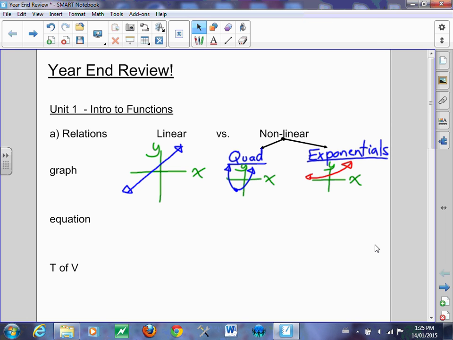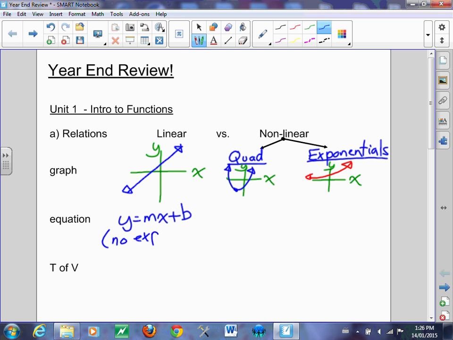All right, taking a look at the equation. The equation for a linear relation, you should remember, y equals mx plus b. And hopefully you remember that if you're trying to identify from an equation, it has no exponents in it, or no visible exponents. Okay, so I'm going to put down here no exponents. Whereas for a quadratic, I'll put the standard form down, which is y equals ax squared plus bx plus c. And what do we notice with this?